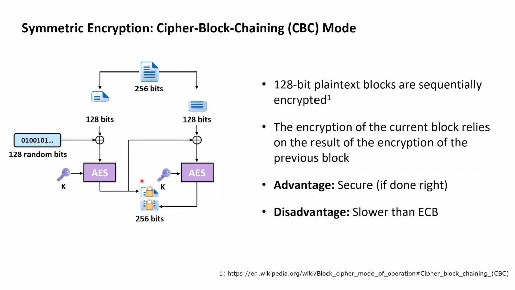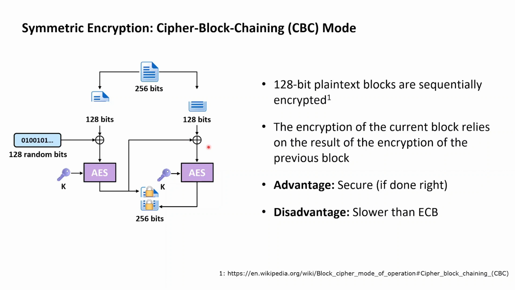This first 128-bit ciphertext block is then both part of the overall resulting ciphertext, but also is used as an input into the encryption of the second 128-bit plaintext block, which this time doesn't make use of random bits, but makes use of the 128 bits of the first ciphertext to XOR all the 128 bits of the second plaintext block.